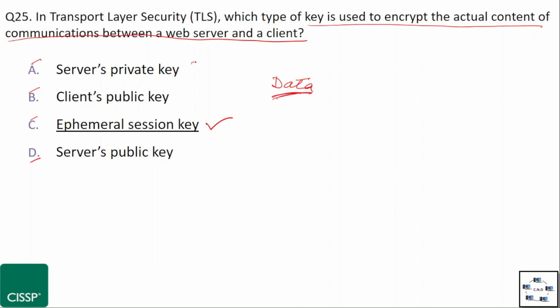The public and private keys are also used, but they are used to exchange this session key between the client and the server. It is known as the ephemeral key because it is only used for the current session, and whenever the session is over, a new key is created for the new session.